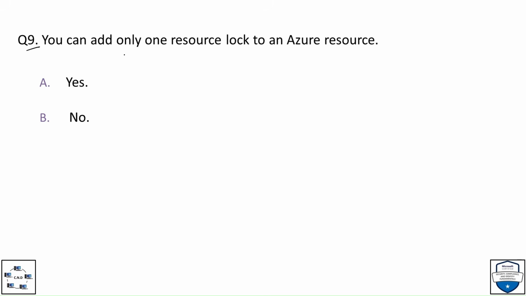Question number 9, you can add only one resource lock to an Azure resource. So whether this statement is correct, option A yes, or it is incorrect, option B no. And the correct option is no. So this statement is incorrect. You can add more than one resource lock to an Azure resource.